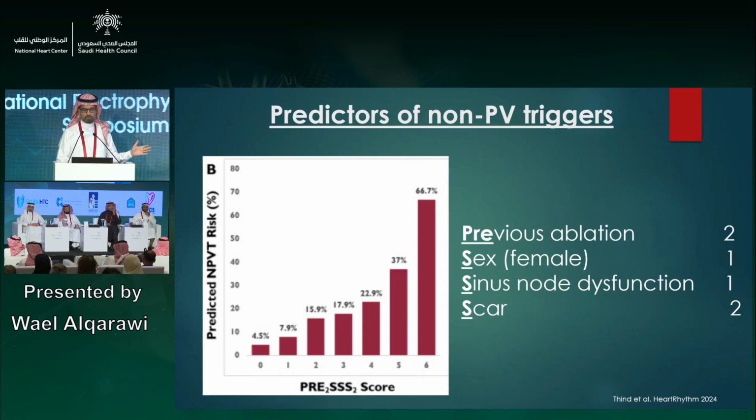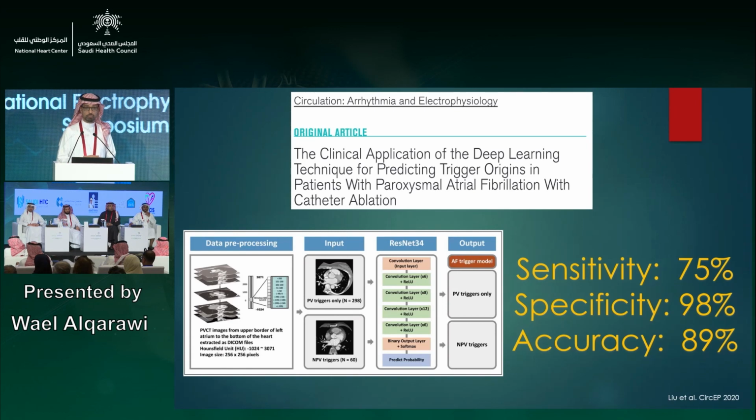And you can see how the more factors you have, the more likely you're going to have an extrapulmonary vein trigger. There's also some AI work based on CT imaging that can predict before the procedure who's going to have extrapulmonary vein triggers with reasonable accuracy.